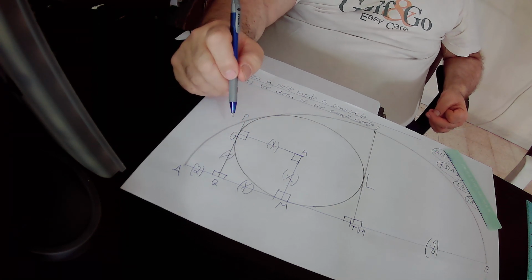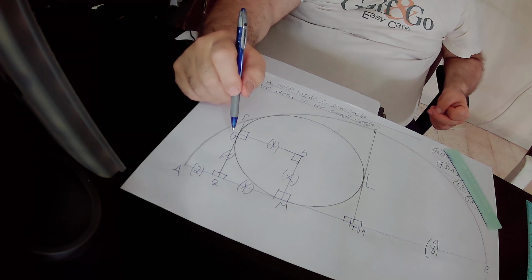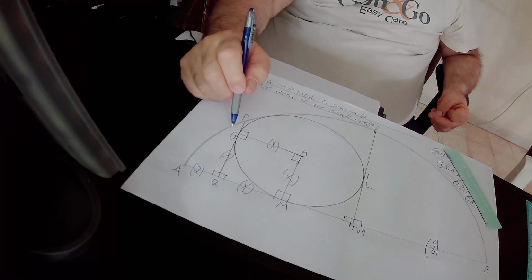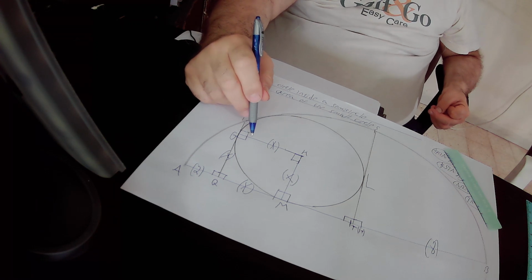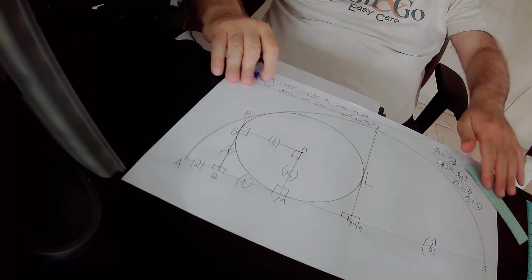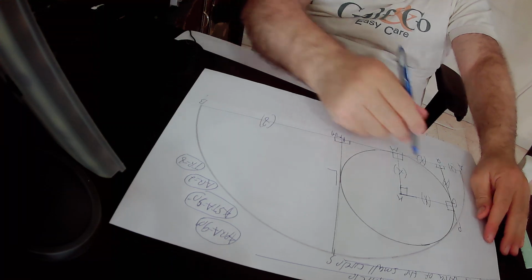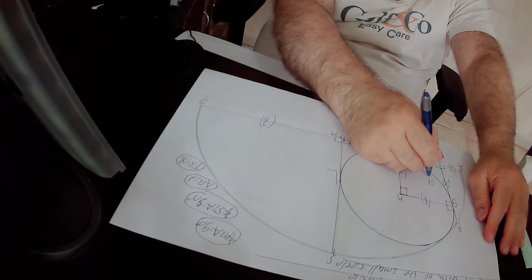So we actually found out that quadrilateral GKMQ is not just a rectangle but a square, because all of its sides are equal to each other. Each side of this square is equal to x. So I write it down: this quadrilateral GKMQ is a square.